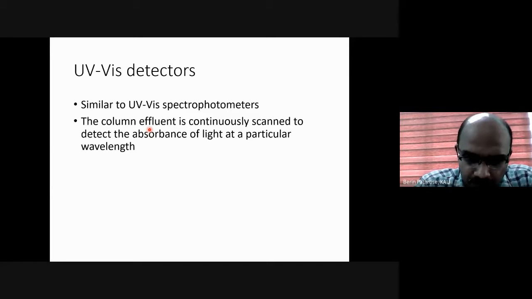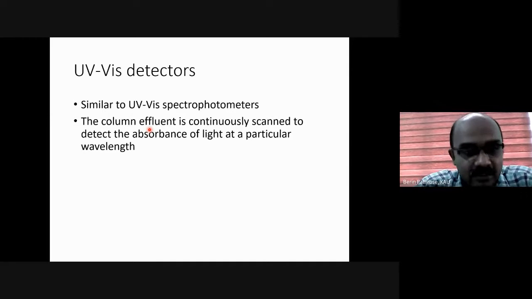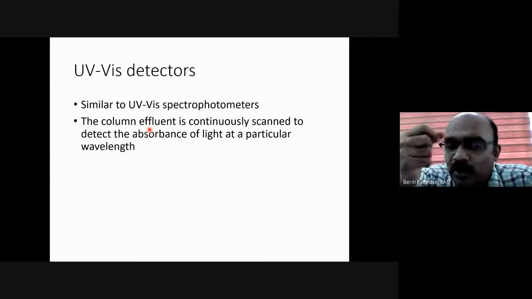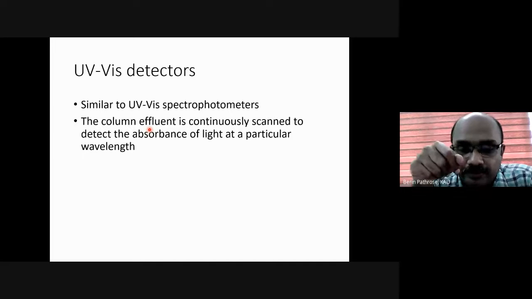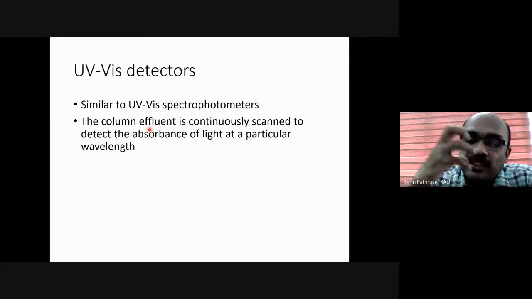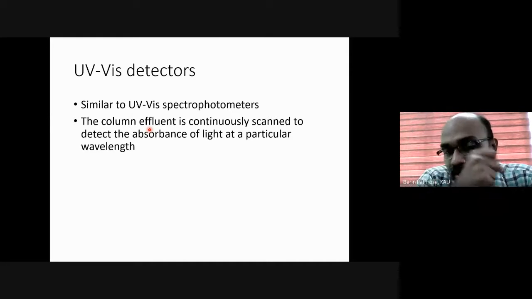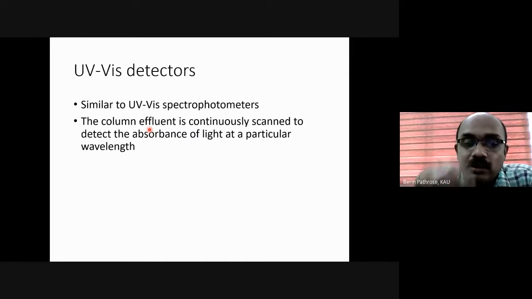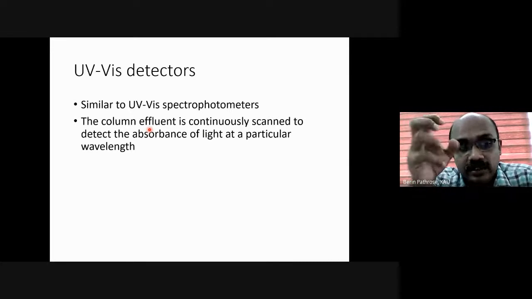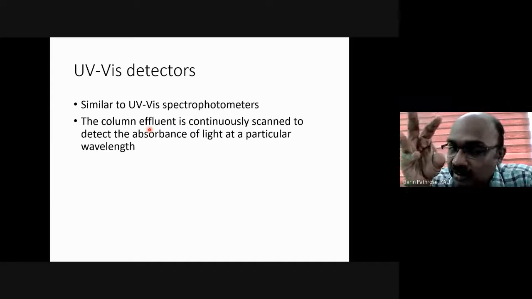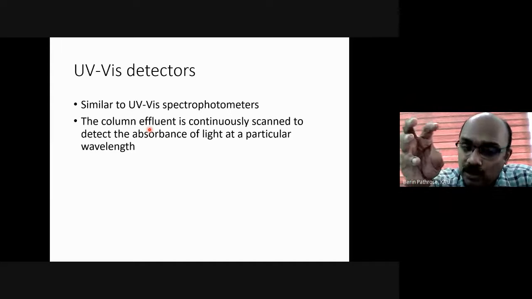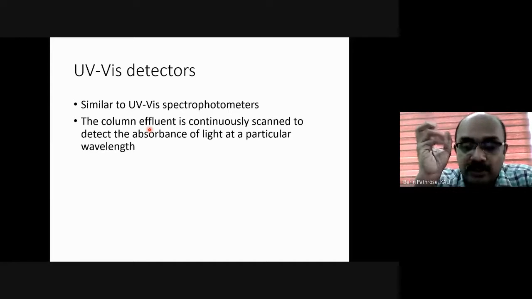The UV visible detectors are similar to spectrophotometers. That means if the compound has a bit of color, say absorbance, we know the absorbance of that substance at the particular wavelength. Then we will set a UV lamp or a visible lamp, just like in a spectrophotometer.